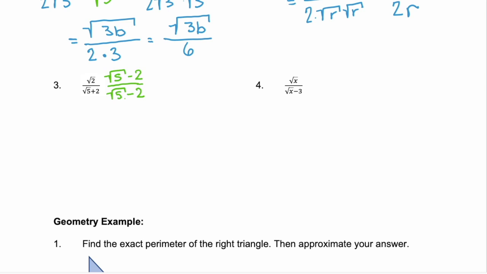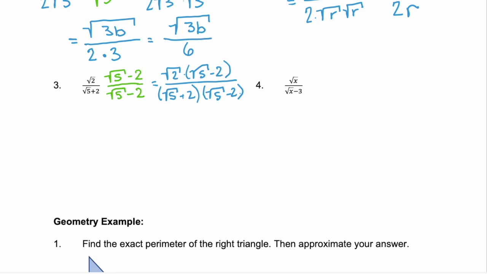We'll walk through all the steps. So now we need to multiply. The numerator gives us square root of 2 times the square root of 5 minus 2. And the denominator is square root of 5 plus 2 times square root of 5 minus 2.